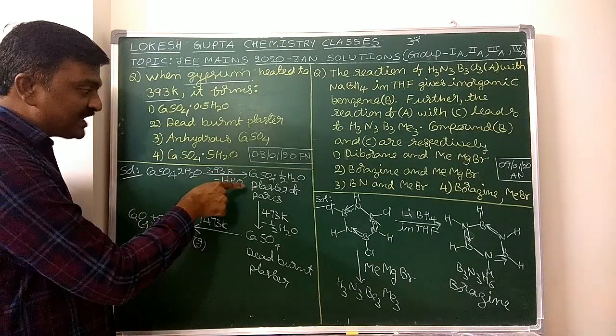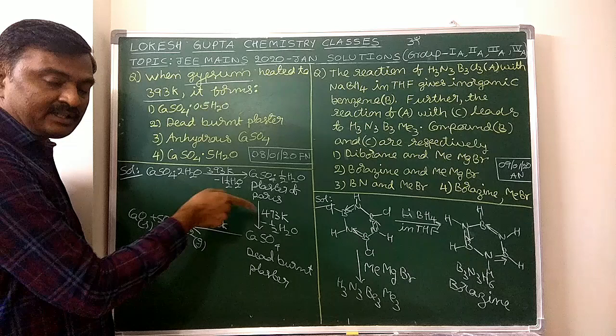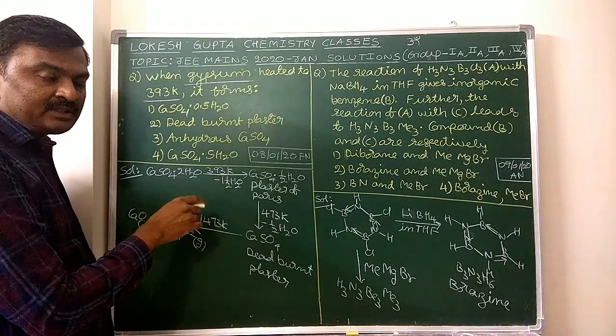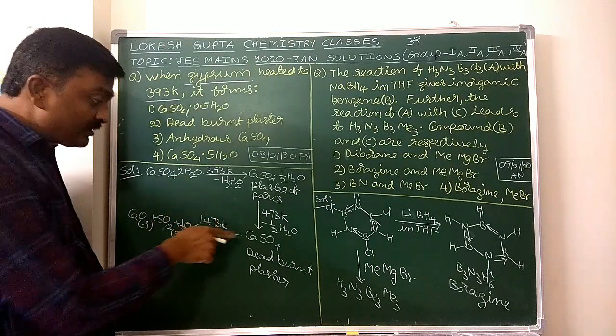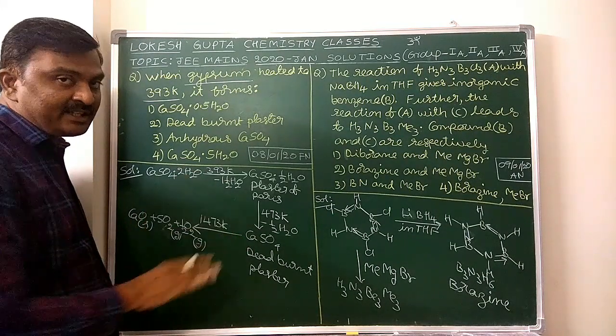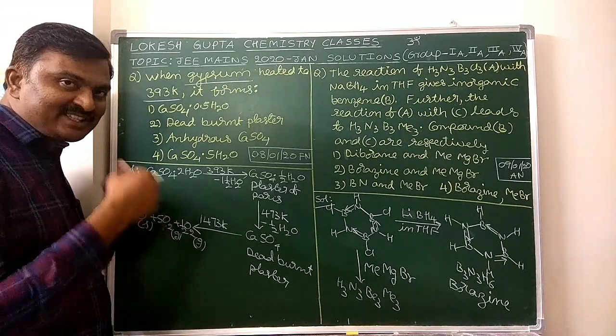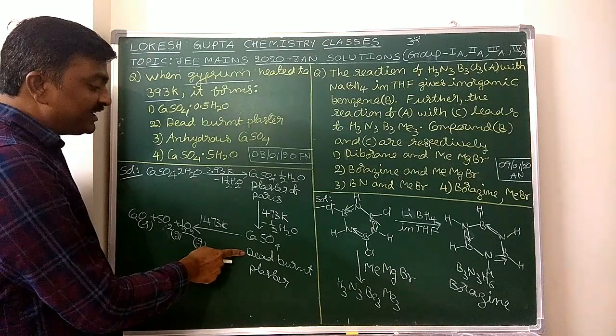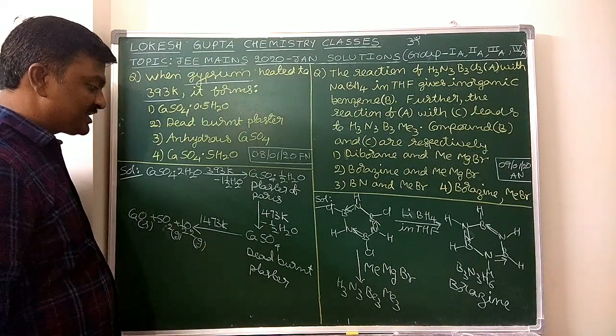See, to plaster of Paris, if you add water, it will again take 1.5 water molecules and set to a hard mass. But to this, if you add water, it will not take water. So almost it died. That is why they named it dead burnt plaster.